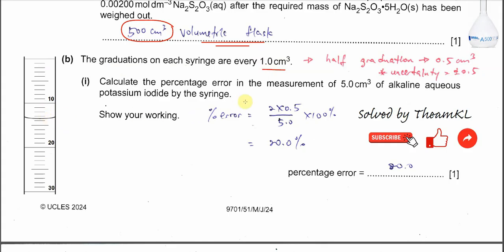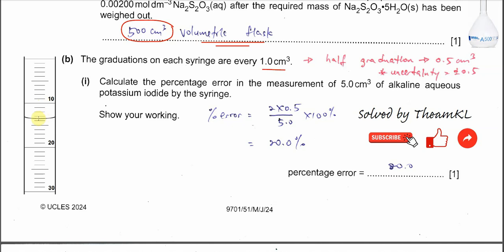If let's say now we want to get the uncertainty of this syringe, we must get it from half graduation. Because each of the lines is 1 cm cube different, between the lines will be 0.5.